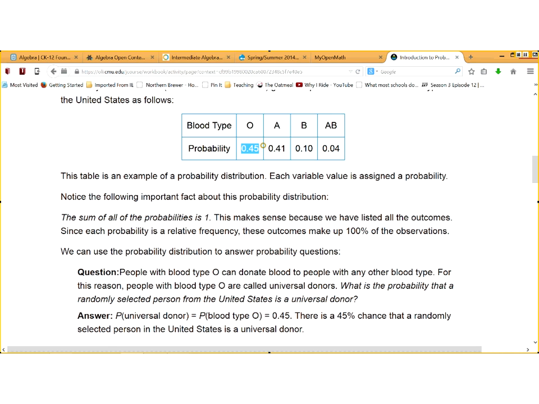You can always think of probability in 2 ways.